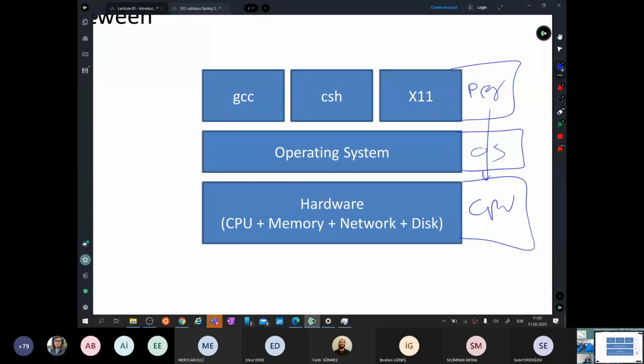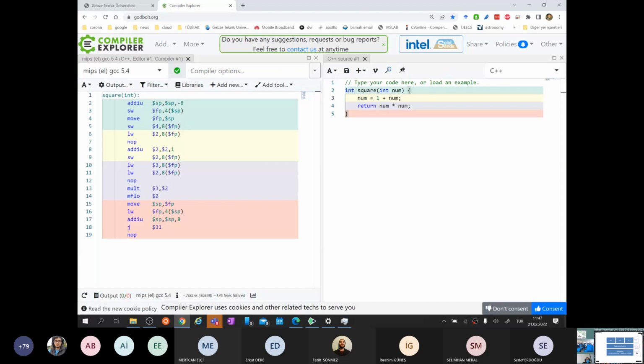I cannot do anything bad by doing this. All I am doing is loading some data to my registers, moving them around, adding them, multiplying them, and putting them back to some memory locations. They all belong to me. So while I am executing all of these instructions, my program is using the hardware directly.